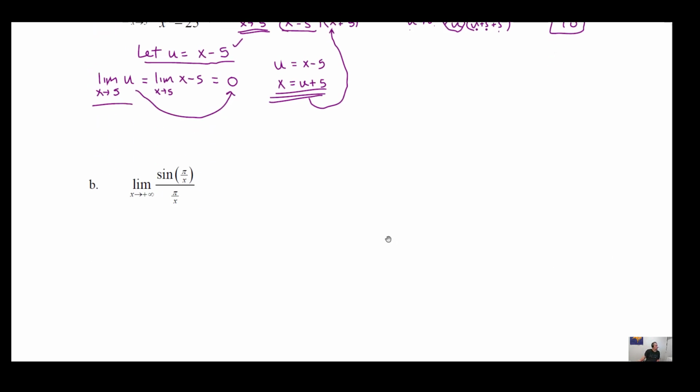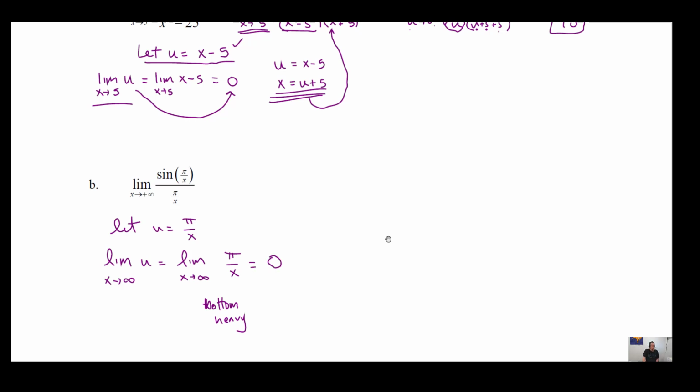And the final problem for this packet would be sine of pi over x, over pi over x. Let's let u equal pi over x, so that then we can take the limit as x approaches infinity of u, which would be the limit as x approaches infinity of what? Well, u is pi over x. This is clearly bottom heavy, and so the limit would be 0.